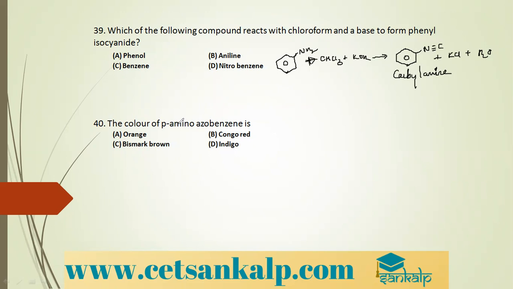Next question. The color of p-amino azobenzene. It is one of the products, or you can say a dye, obtained by coupling reaction between diazonium salt and aniline, correct? So this is nothing but para-amino azobenzene.